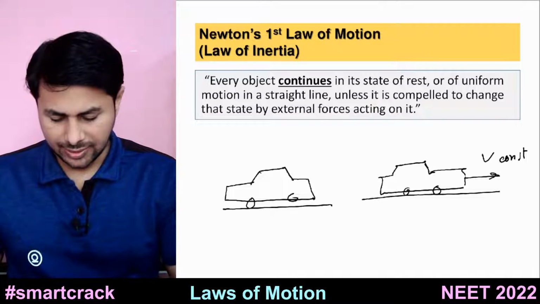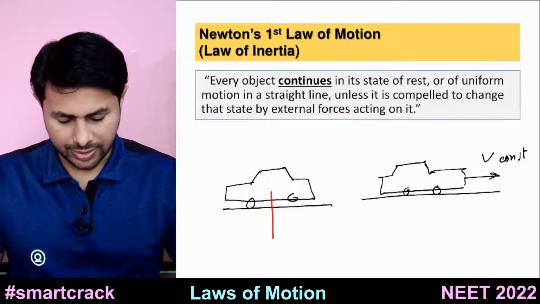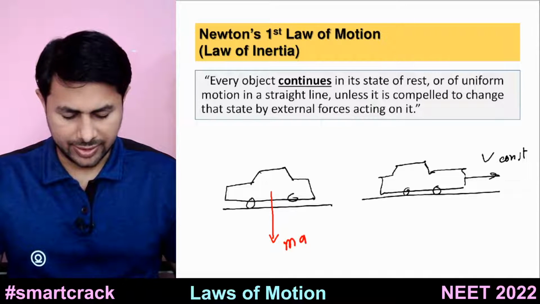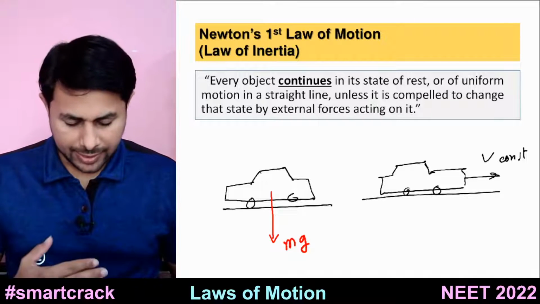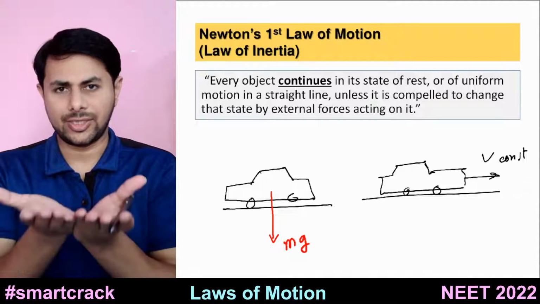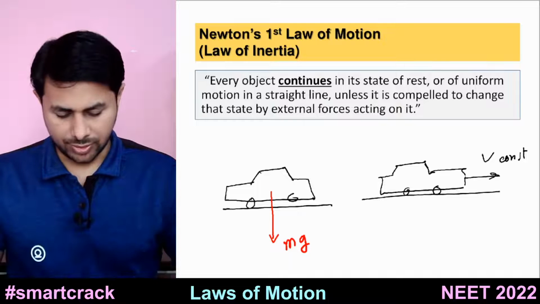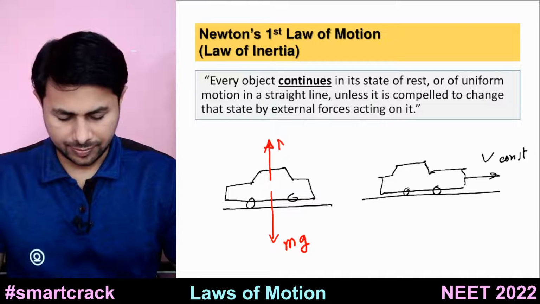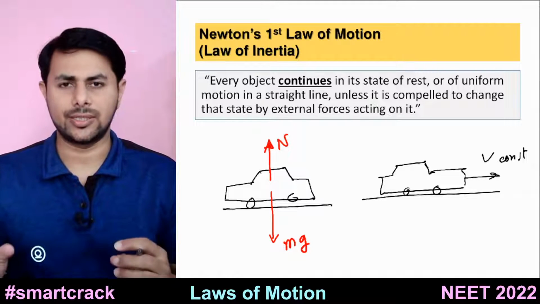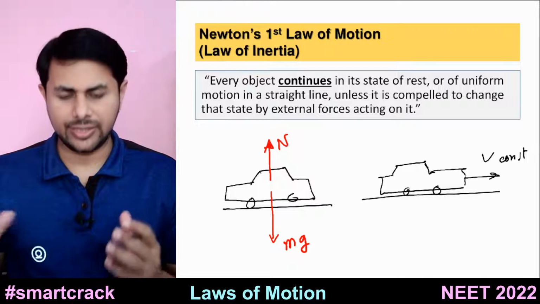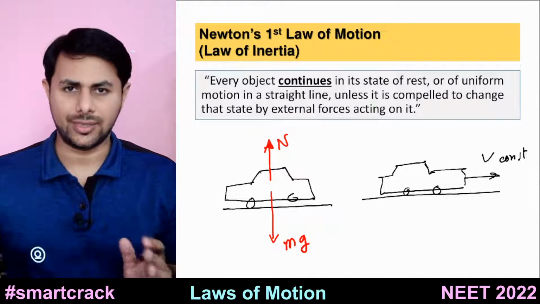So in the first case, there is a force acting downwards, that is the weight of this car, and there is a normal reaction due to the road surface. Okay, normal reaction due to road surface, it acts upwards. So these two forces are balanced out, and therefore the net force acting on the car is zero.